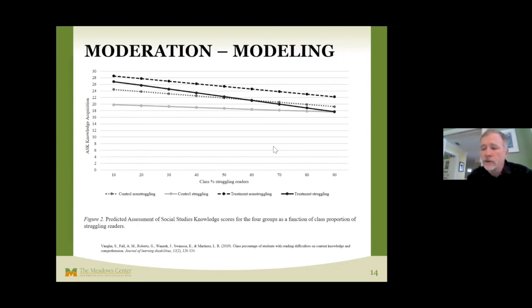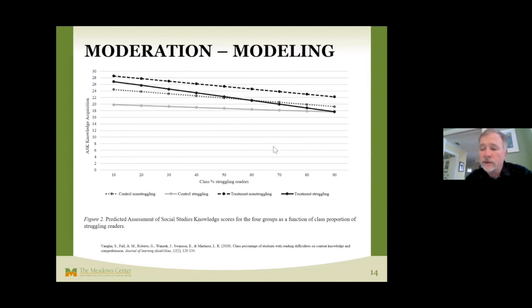The X in this case is class percentage of struggling readers as on the graph. As before, we're plotting data in a way that makes it most interpretable. X here is not the independent variable as it was in the cross-sectional case, because we did not manipulate class percent struggling.